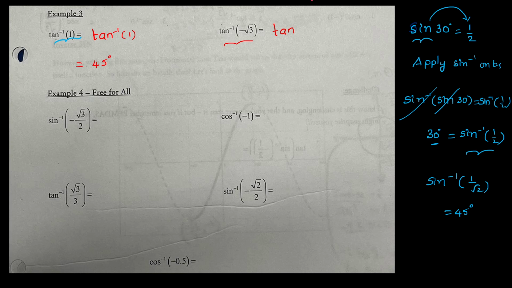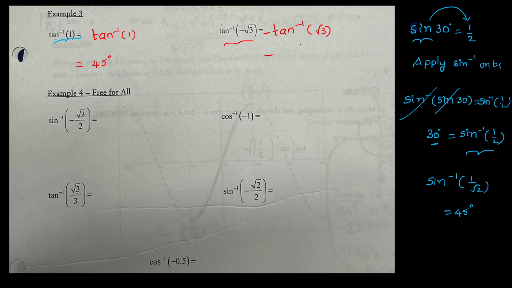But for cos and secant, the function cos of minus x will be cos x only, no minus will be carried out. The reason, as I told you yesterday, is that they are even functions. Now see here, for tan, minus I have to put, so it will become minus tan inverse of root 3.